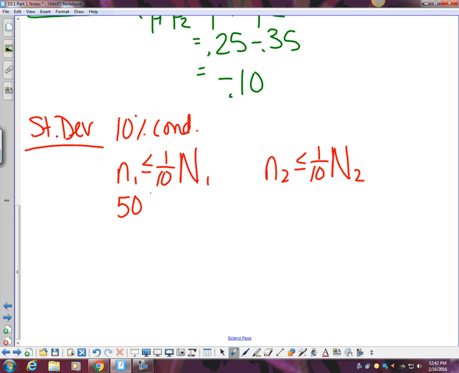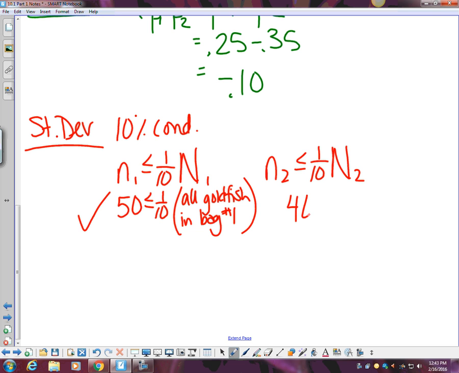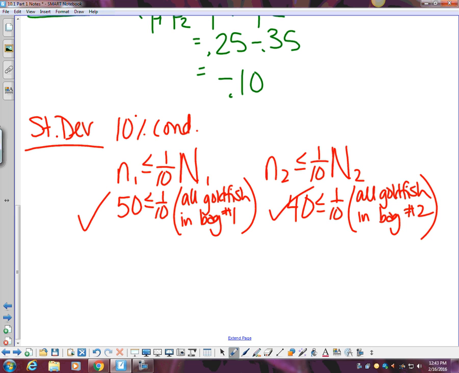So this would be 50, and this would be all goldfish in bag number 1. 10%, so that would mean there'd have to be 500, and it says that they're well over 1,000, so we're good there. And then this one had 40 in it. All goldfish in bag number 2, and again it said it had well over 1,000, and this would mean only need to be 400, so we're good there too.